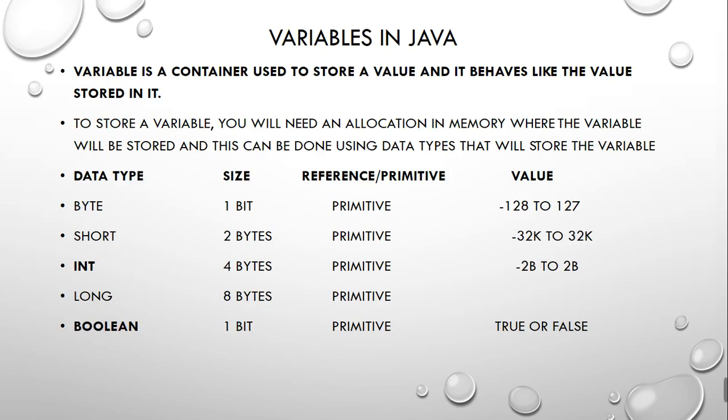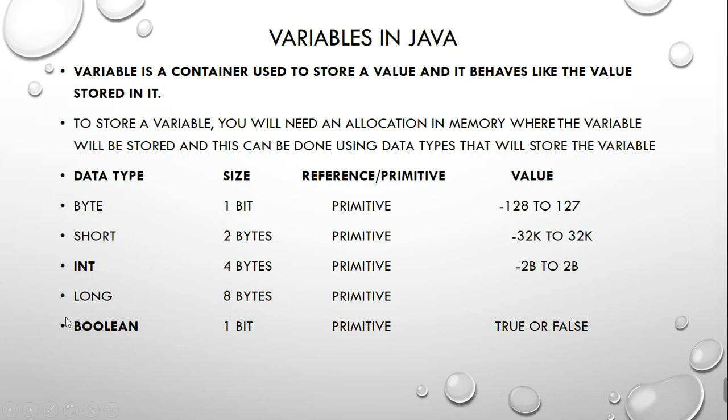Now after short, we have int, and int takes 4 bytes in memory, and it's also a primitive data type. It stores values from -2 billion to +2 billion, and you can see that the int here is highlighted in bold letters, because it is one of the most used data types in Java. So if you see the highlighted ones, pay more attention to them because they are the most used data types.